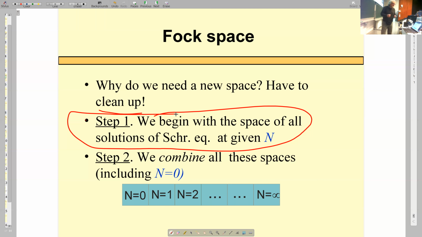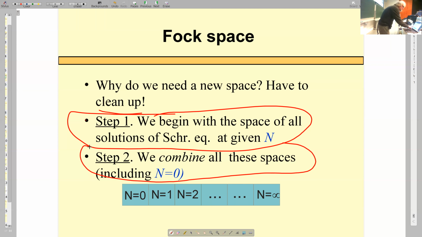First, he combined all the spaces, and even included the vacuum, which would sound crazy to me, but it's very important for quantum field theory, for instance.